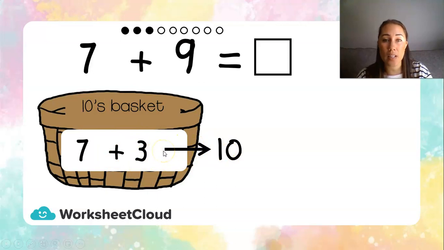But our sum isn't finished, so we draw an arrow over there. Now we need to add what's left of 9 to our 10. And this is an easy sum because we have 6 left over, so we're going to plus 6. And whenever we add a number to 10, or we add a number to 20 or to 30, we know that that 0 is actually just a placeholder.